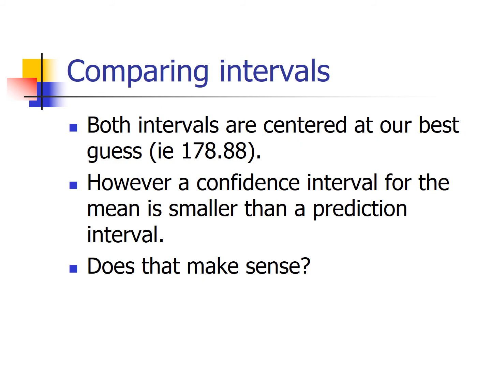Now, both of these intervals are centered at our best guess. So if we're talking about 60, then our best guess is at 178, 179 pounds. So they're both centered at the same value, but the confidence interval for the mean is smaller than the prediction interval. Huh. Does that make sense?